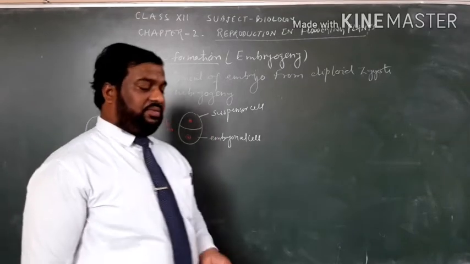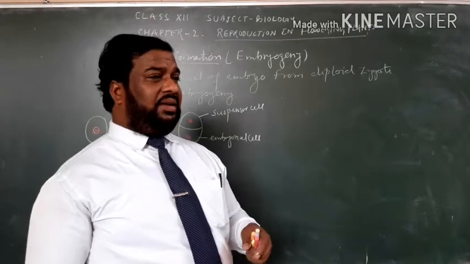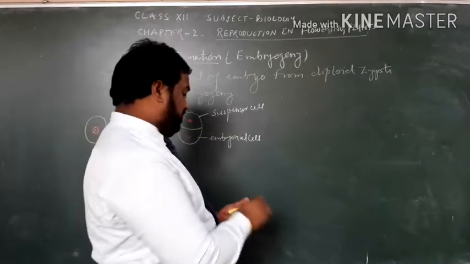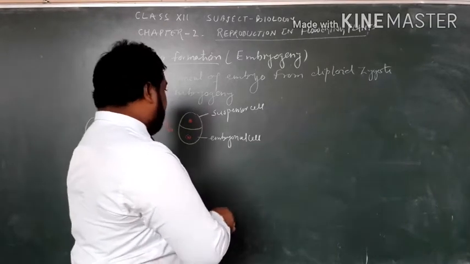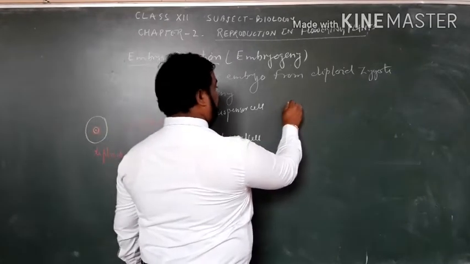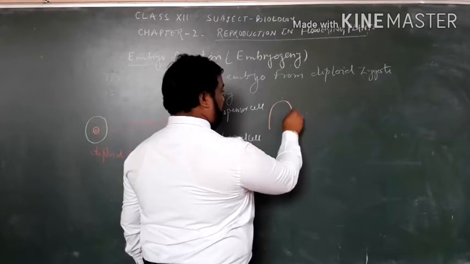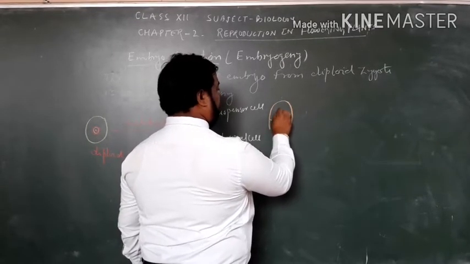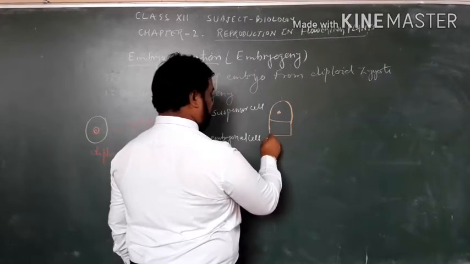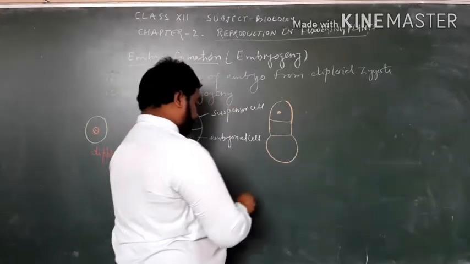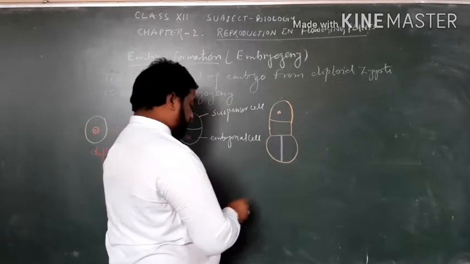Both the cells again divide mitotically. The upper cell undergoes a transverse division, while the lower cell divides longitudinally like that.